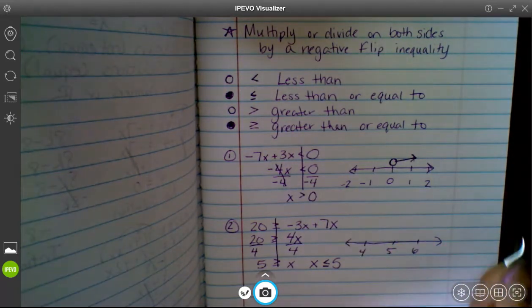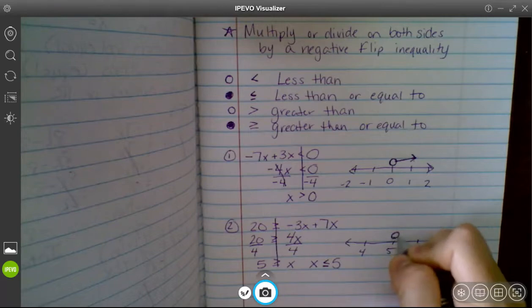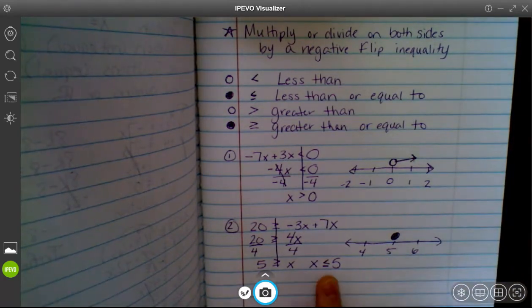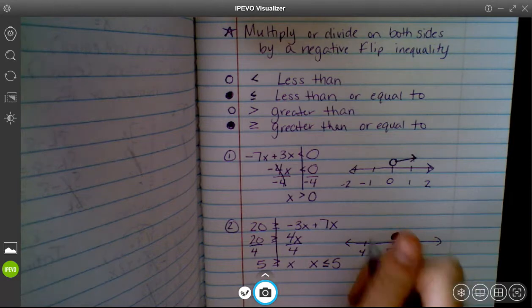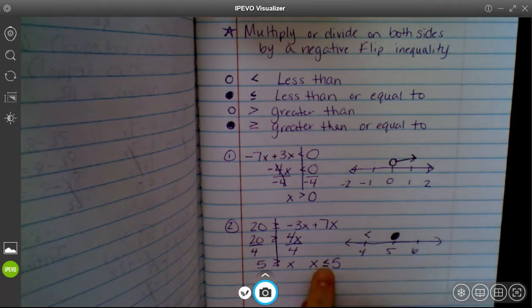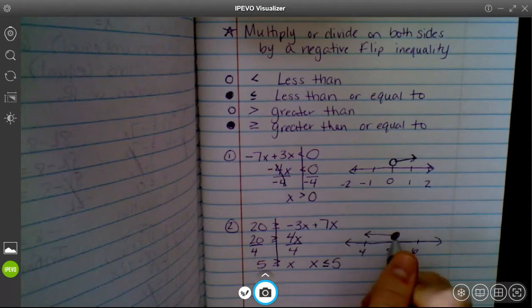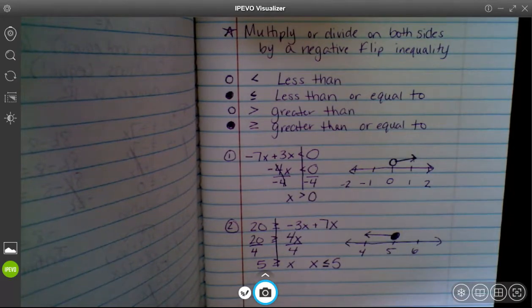In this case, I'm going to do a closed circle because 5 is an answer. It says x is less than 5. So what number is smaller than 5? 4 or 6? 4 is smaller. And if I look, my sign matches that one. So every answer this way. Again, it only works if your variable is on the left.